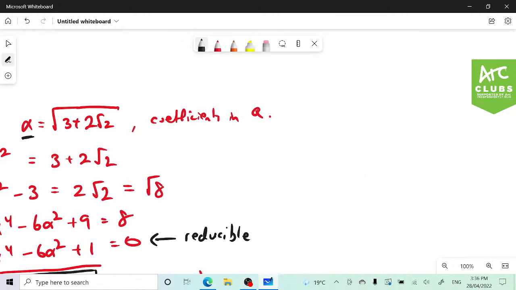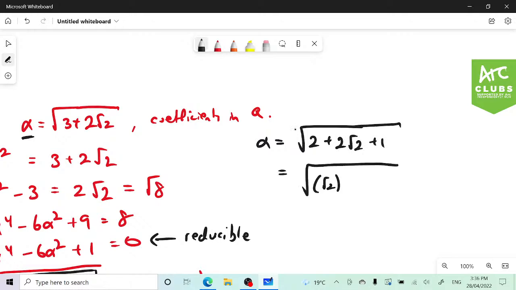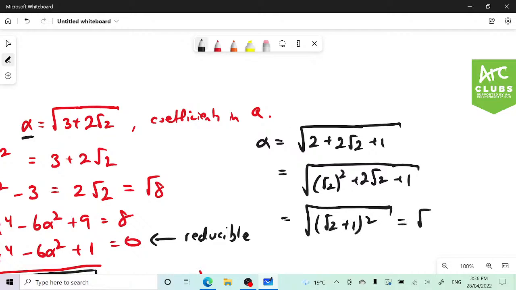Another way you can do it is to realize that we can write alpha in the following way. We can write it as 2 plus 2 root 2 plus 1. Notice that this is the same thing as root 2 squared plus 2 root 2 plus 1, which is root 2 plus 1 squared, so alpha is root 2 plus 1, because it's positive as well.